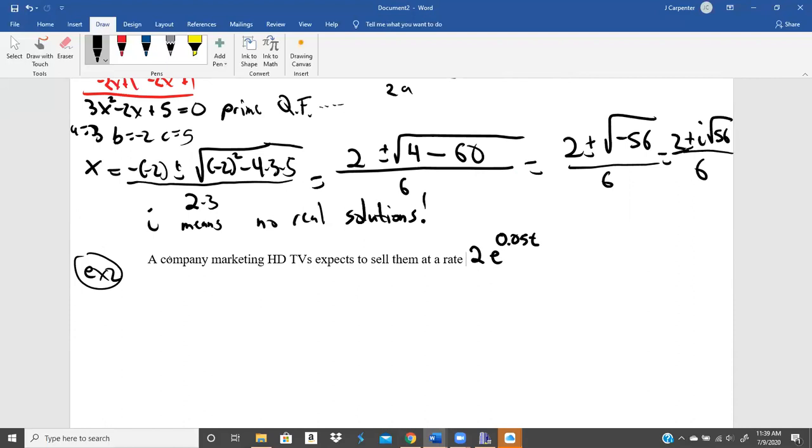That's a 0.05t, and this is in thousands of sets per month. T is the number of months since available.